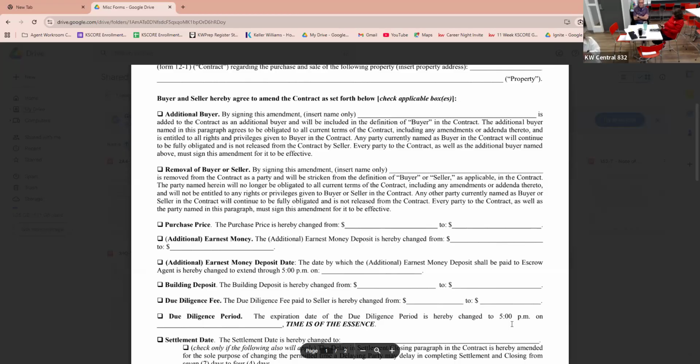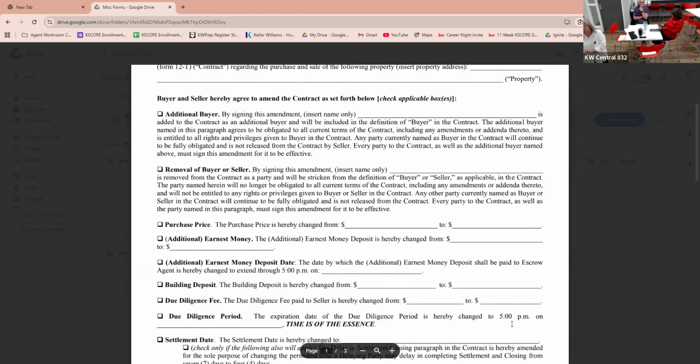Due diligence fee and due diligence period. So we might say, well, your seller wouldn't let us in the house for a week and a half because they had the flu, so we want to extend our due diligence so that we could properly do our inspections. Okay, sure, no problem. We'll do that.